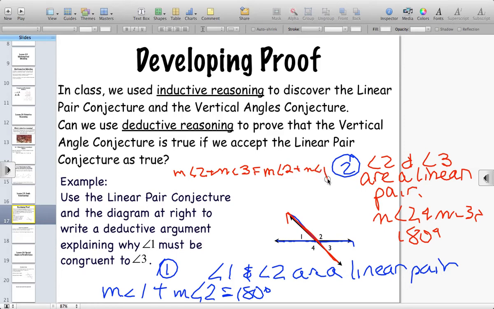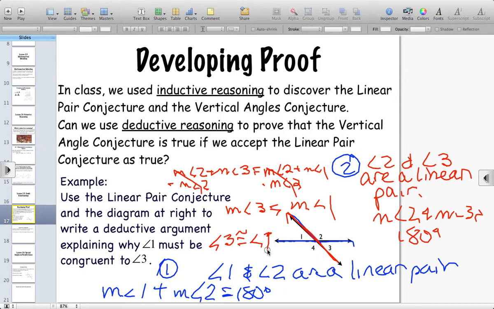Well, so using algebra, let's subtract the common variable from each side, and now we are left with the measure of angle 3 equaling the measure of angle 1. And congruency means that the measures are equal, and that means the angles are congruent.